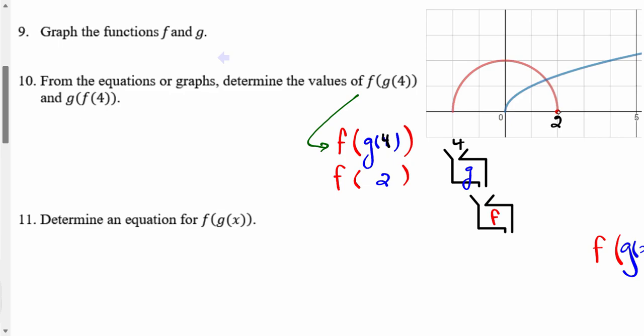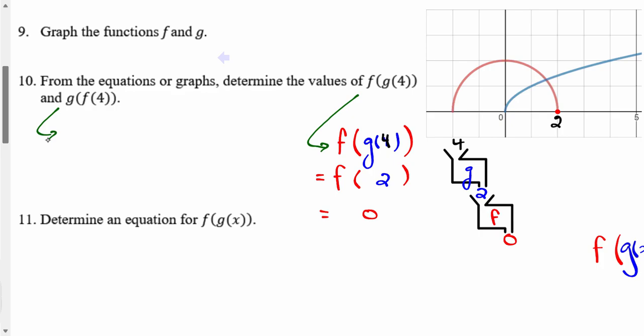Well, we hit that point, so this is equal to 0. So what we found was the output from g of x was a 2. That went into f of x. The output from there was a 0.